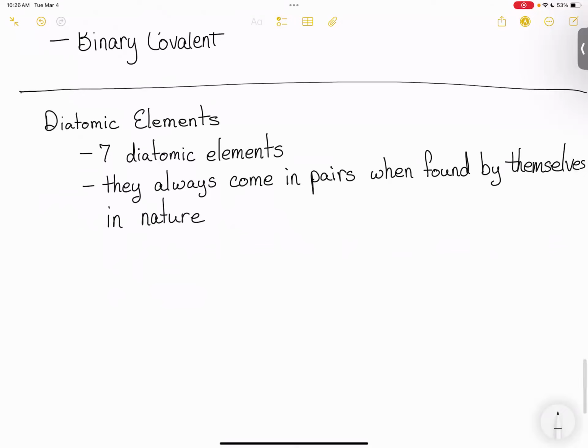There are 2 ways you can memorize the 7. One way is the way I mentioned on the video last week, and that is Brinkelhoff.